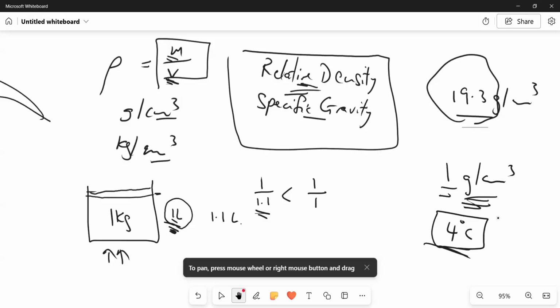And usually, if something is denser than water, it tends to sink in water, right? It wouldn't float. And that's why I consider this topic of density, because substances that are denser than water will sink in water.